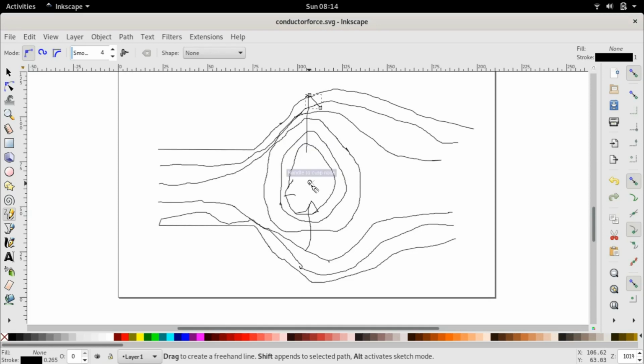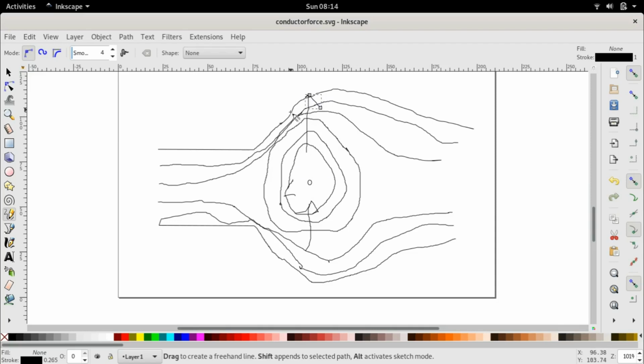This is the conductor, right? Because this is a top view. There is an external magnetic field from the left to the right. There is a current flowing from the bottom to the top, and there is now a mechanical force produced, which is perpendicular to both of them.